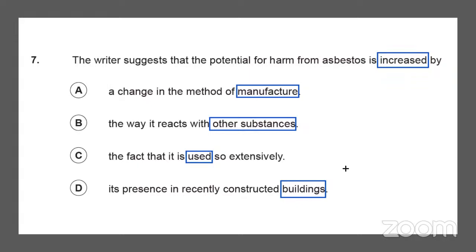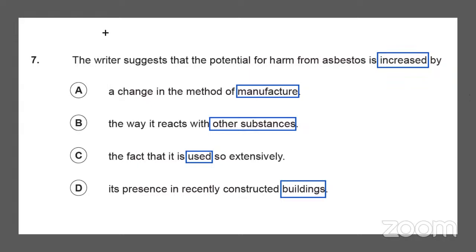So you have to focus on these things. Other vocabularies will change, but these will not change. Almost always will be the same. So now let us go to the question.